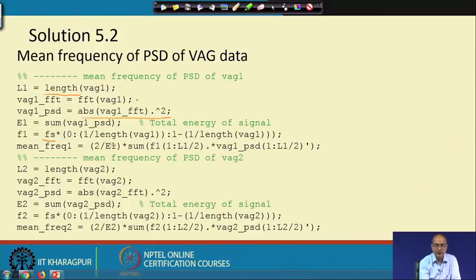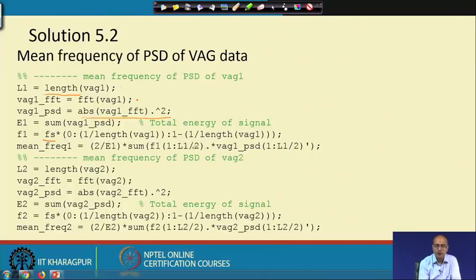So, 1 minus 1 by that count, it will give us the same number of samples for that frequency axis. Okay. We are going in an increment of 1 by the length. So, here this is the full length of the frequency axis, and we are taking the sum for half of it.